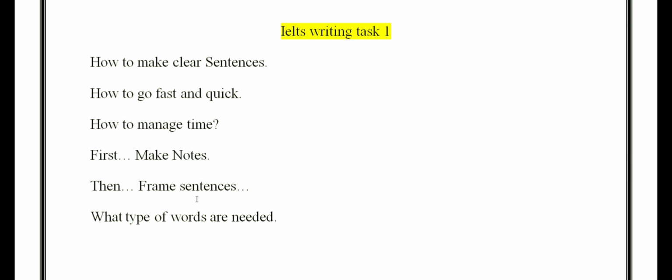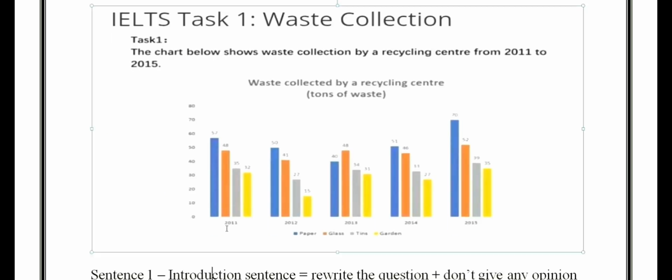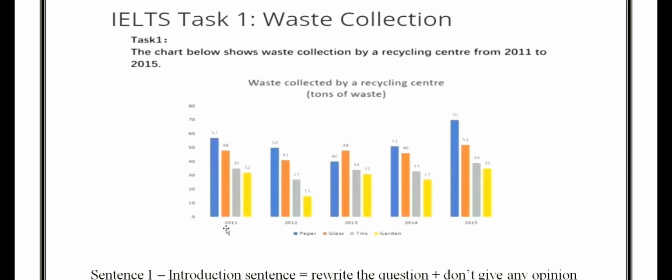And when you're making sentences, what sort of words are actually needed? So this is what we are going to learn in the class today. Here we have a bar graph, a picture which is speaking about waste collection. The categories which are paper, glass, tins and garden.